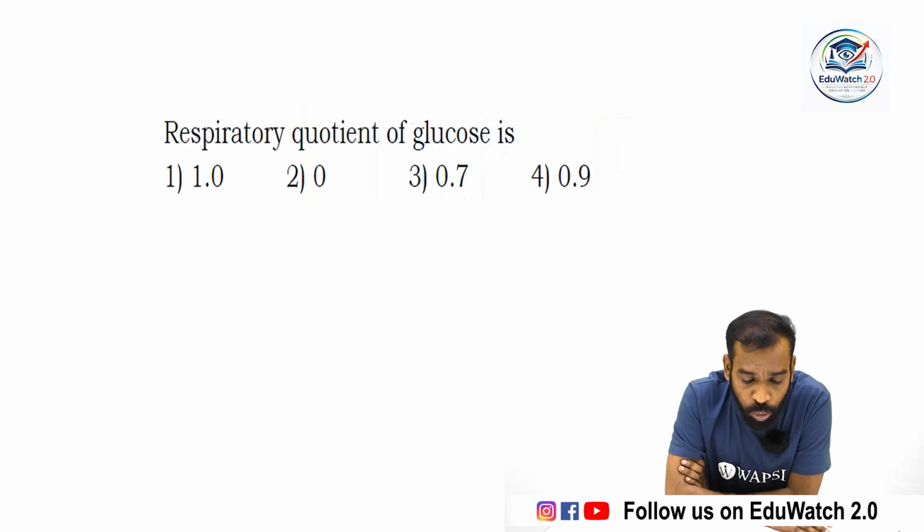The respiratory quotient of glucose, no doubt glucose is a carbohydrate: option 1 is 1, option 2 is 0, option 3 is 0.7, and option 4 is 0.9. Which one is the highest? 1. So glucose produces more energy.